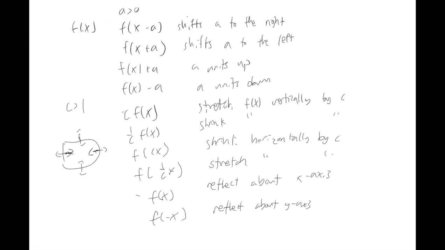Okay, so if you notice, it's negative f of x, so I'm reflecting about x-axis. So you see that there's 3 transformations, but the order matters. Let me just say, if you decide to do it like this, shift 4 left, then 7 down, and then reflect, this is the wrong thing.